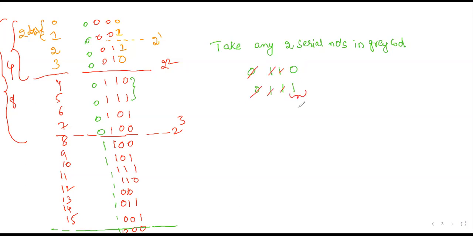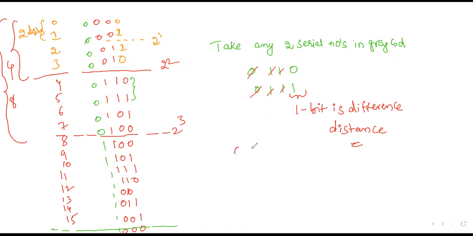So only one bit is different. The difference in the bits is known as the distance between the two numbers. So gray code has one bit distance between two serial numbers.